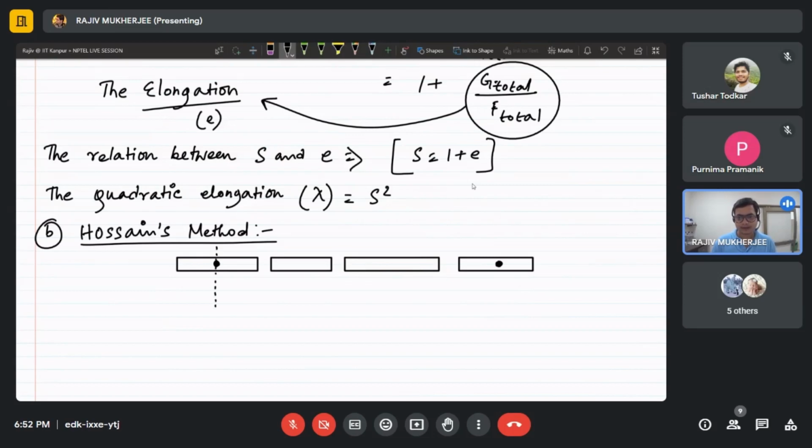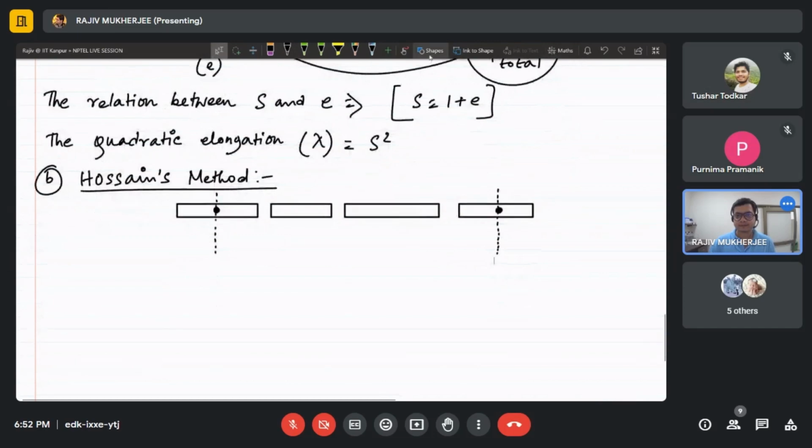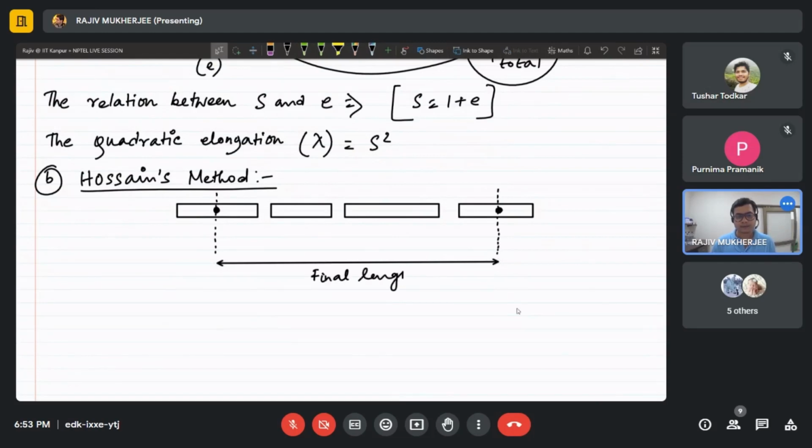This and this. Then up to this length, this is your final length, right? So the final length is this, and the initial length is this plus this plus this one.